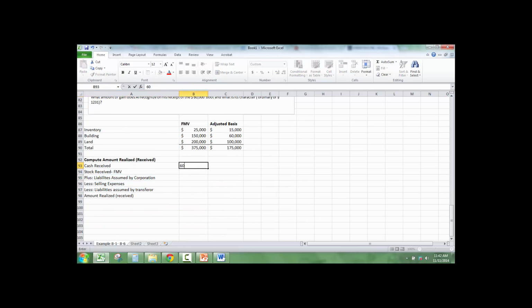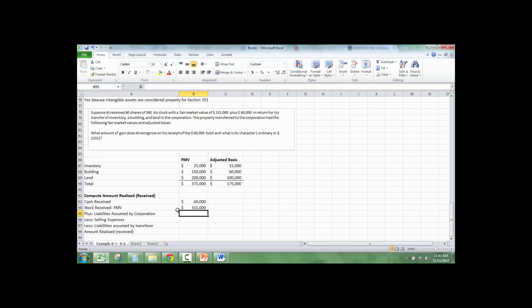Cash received. Stock received. He's received $315,000 worth of stock. Liabilities assumed by the corporation. So we are going to add this up.